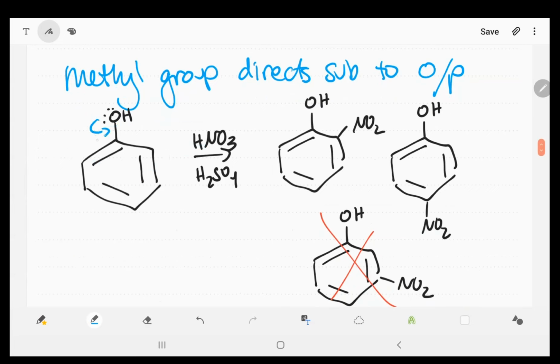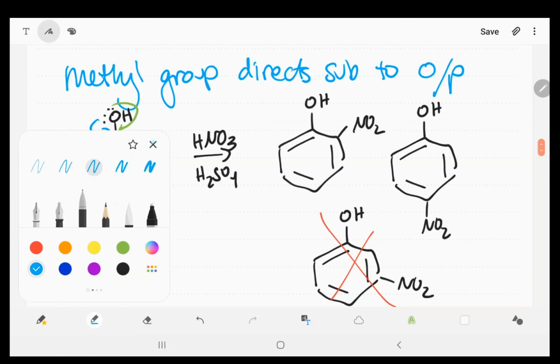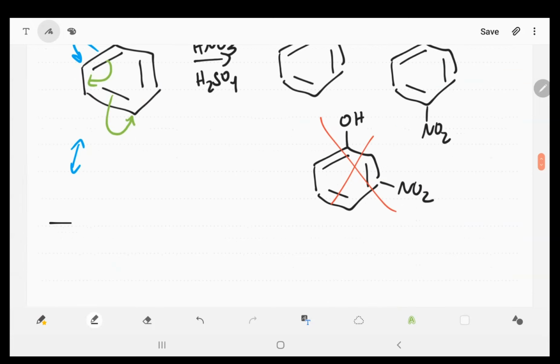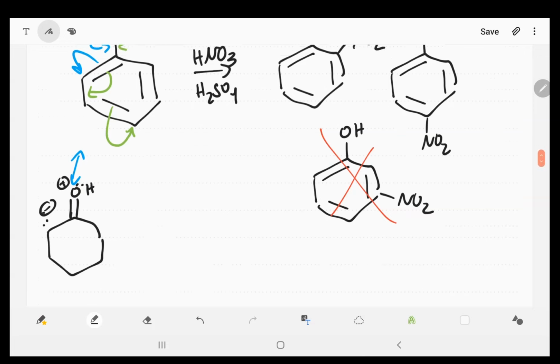Notice that we can say, aha, we can resonate onto that ortho position, or, this is going to be ugly, but we can resonate onto the para position as well, and symmetrically the other side we can resonate onto the ortho. If we follow the blue arrows, we end up getting a negative charge on our carbon.